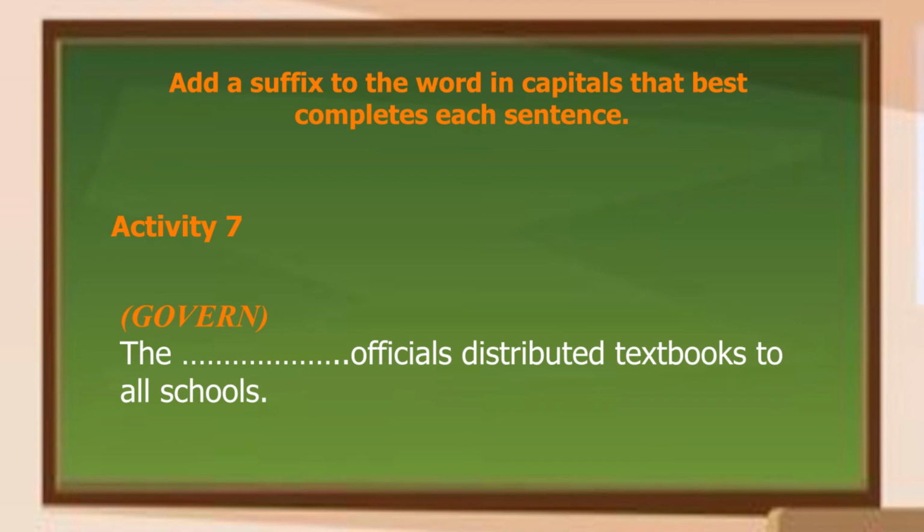Number 7. We have the word govern in brackets. And the sentence reads, the something officials distributed textbooks to all schools. Which suffix should we add to the end of the word govern?